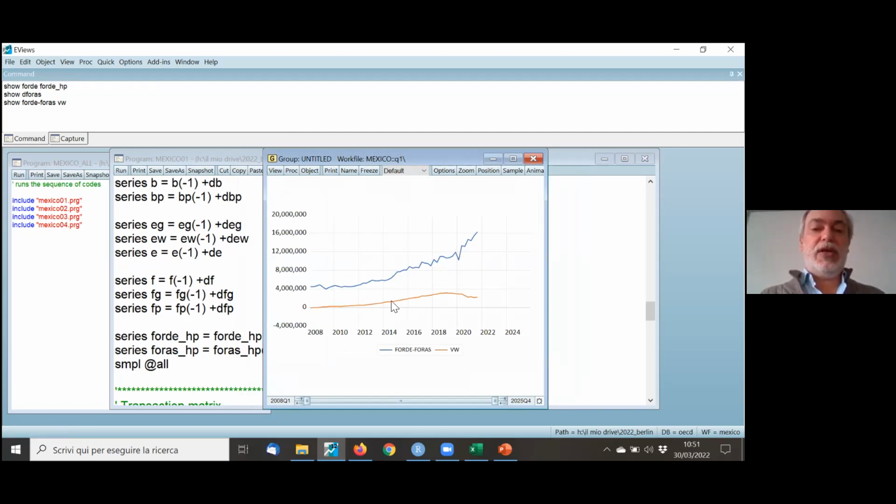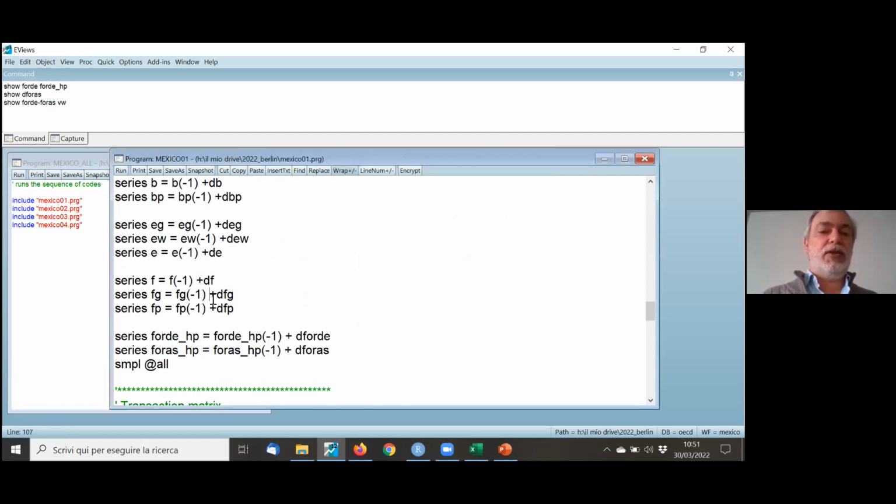And this was our estimate of the two, but they are completely different. And I must say that this should not be the case for the starting values unless we did something wrong.